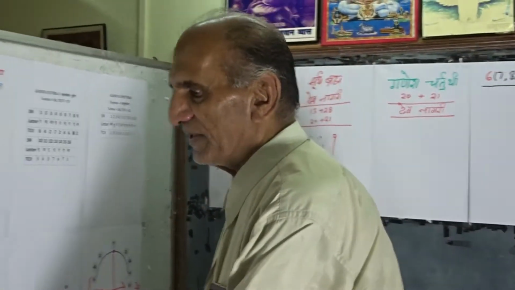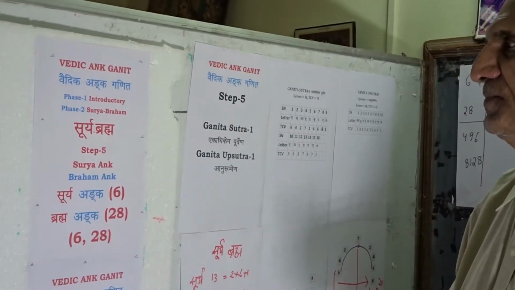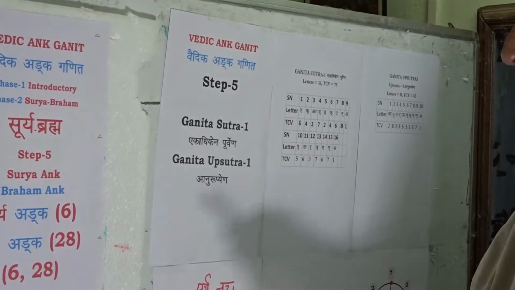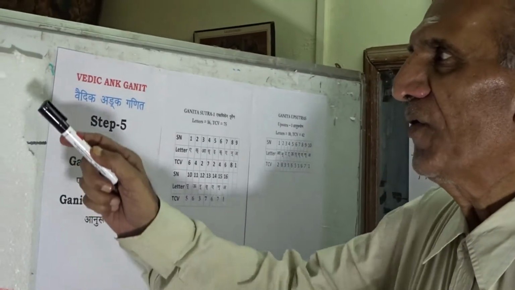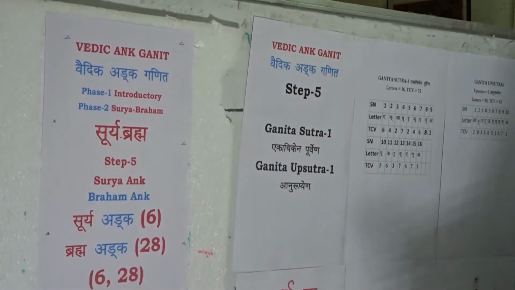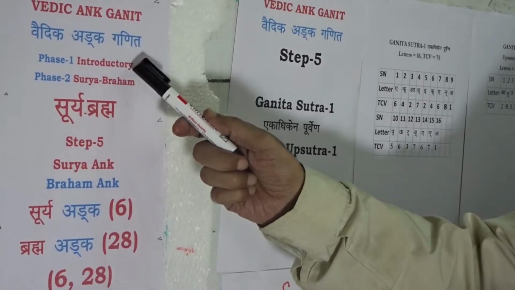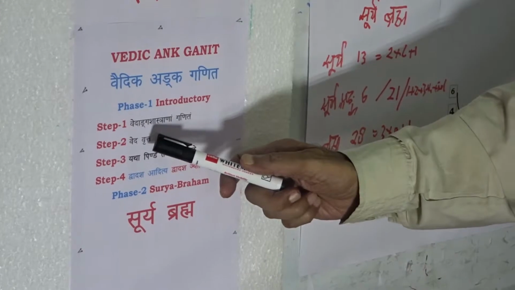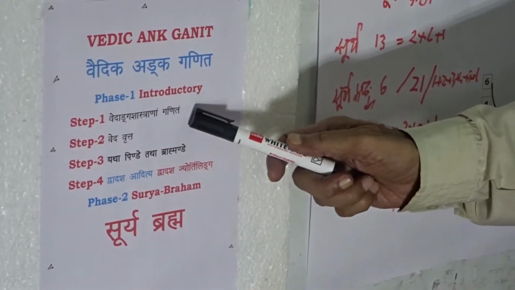Welcome to Vedic Ganit discipline of knowledge. Today we are entering phase 2 of this chase. Phase 1 has been of introductory 4 steps. First step has been focusing upon Vedang, Shastranam, Ganit.